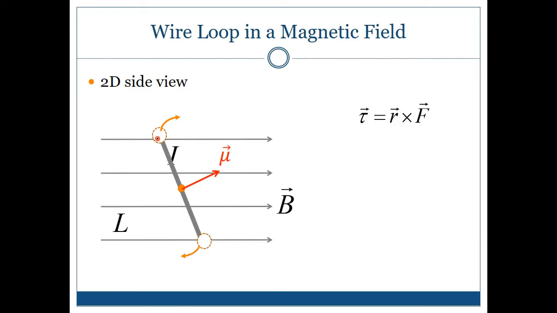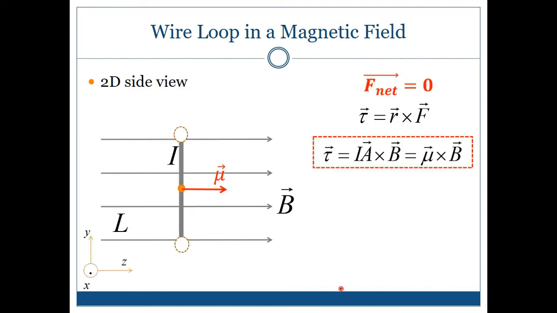So the torque will switch its direction towards minus x once the loop passes over to the other side. And as you can see, the torque is again trying to align mu with B. It will rotate and come to an aligned position. So actually it will oscillate and eventually stop aligning with the field. And this is going to be the final position.